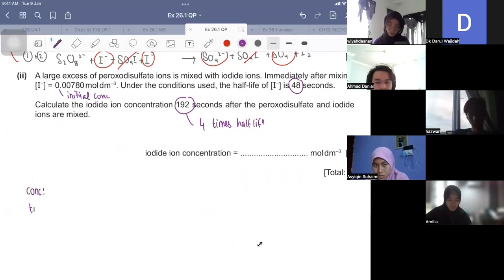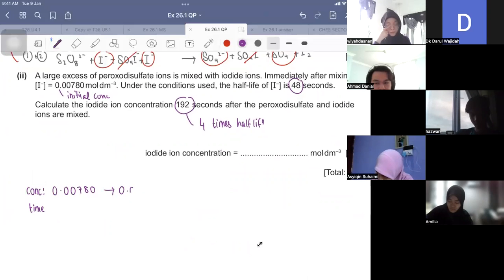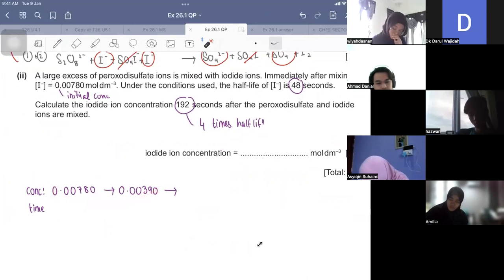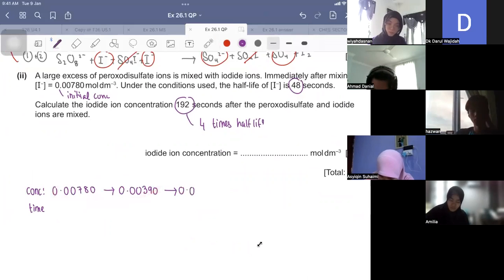Let's see. Initially, you will start with 0.00780, and then you will go half of that, which is 0.00390. That's only the first half-life. The second successive half-life, you need to continue to divide that number by 2, 0.00195.